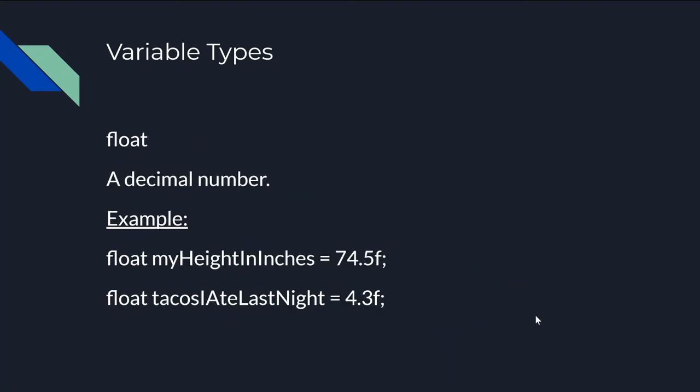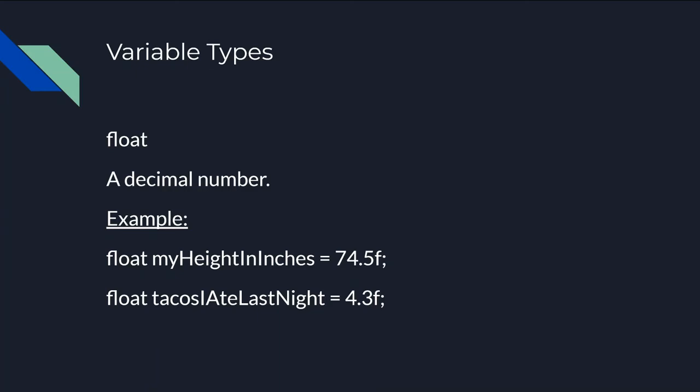Now another type of variable is a float, and a float is simply a decimal number. The reason we call it a float is because there are a floating number of decimal places after the whole number. So for example, float myHeightInInches is 74.5. The F indicates that there's a floating number of decimals there. And that just means it can be any number of decimals that are required.